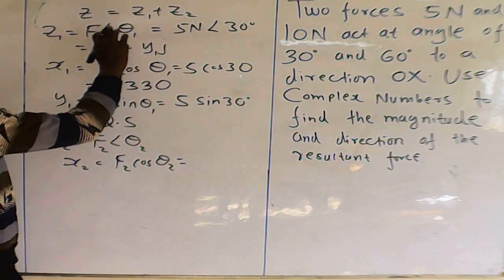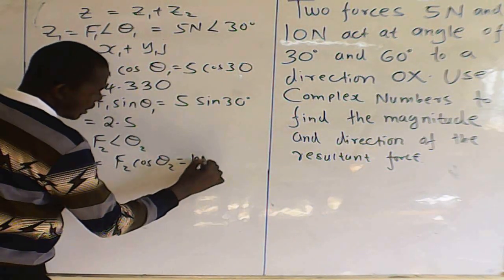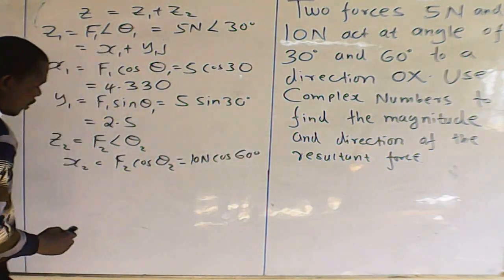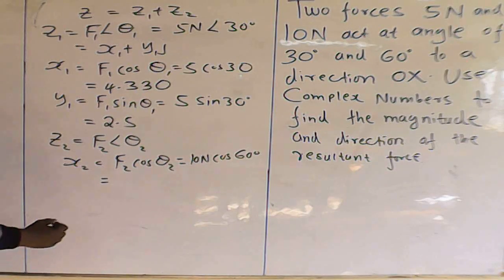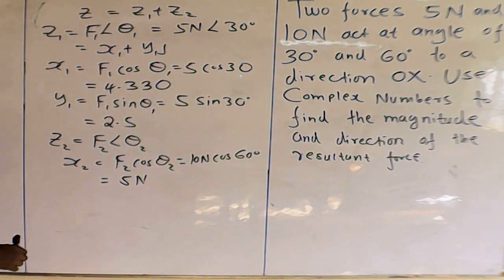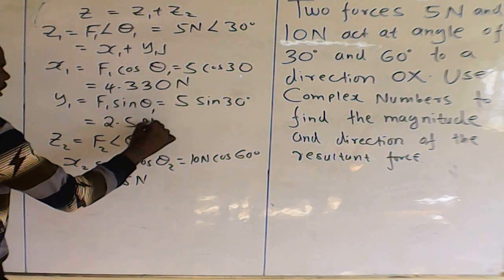What is your F2? F2 is 10 Newton, isn't it? Then cos, what is your theta 2? 60 degrees. So when you get to X2, 10 Newton cos 60 degrees, you have 5 Newton, isn't it? Are we together there? Yes. So all these forces are in Newton, isn't it?